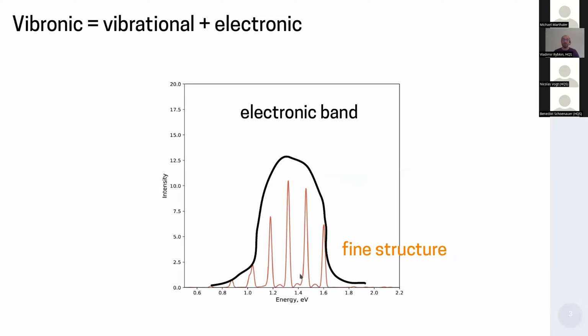And these lines are called fine structure, and the differences between the lines correspond to quanta of molecular vibrations. You can see this sharp fine structure only in the best experiments and typically in the gas phase or in matrix isolation. In solutions or at high temperatures, you see these bands, but their shape is not random. It's, of course, defined by the fine structure.